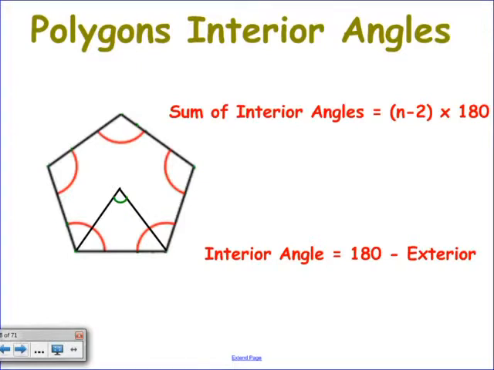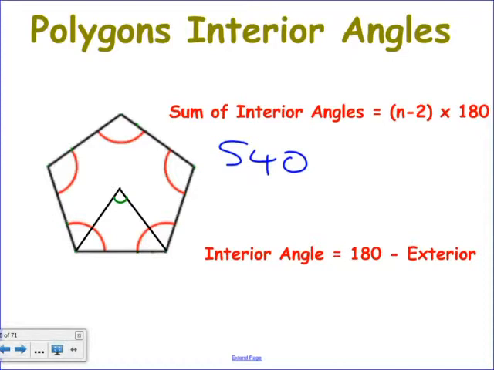So if we have a 5-sided shape, we use this equation, n minus 2 times 180, to work out that on a pentagon the interior angles all add up to 540. So the total of the interior angles is 540 degrees.